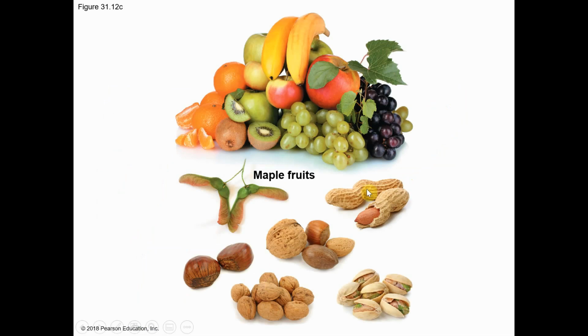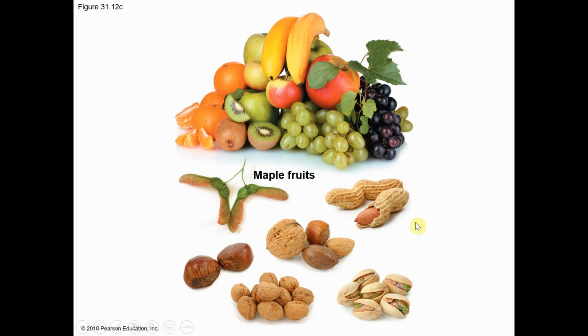So here we have on the top the nice fleshy fruits that are going to be enticing animals to eat them and then disperse their seeds through the process of fecal elimination. So there are the apples, grapes, kiwis, oranges, plums, bananas, all of these are examples of fleshy fruit.